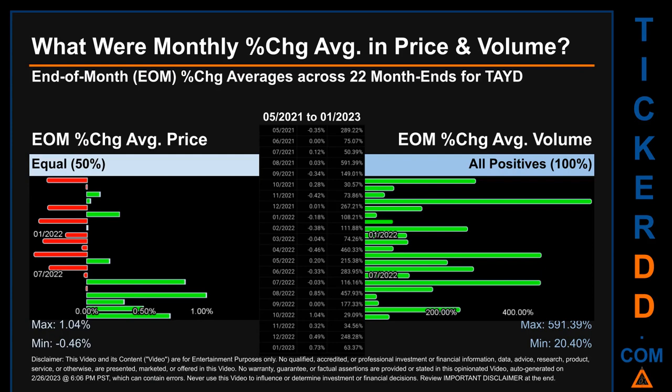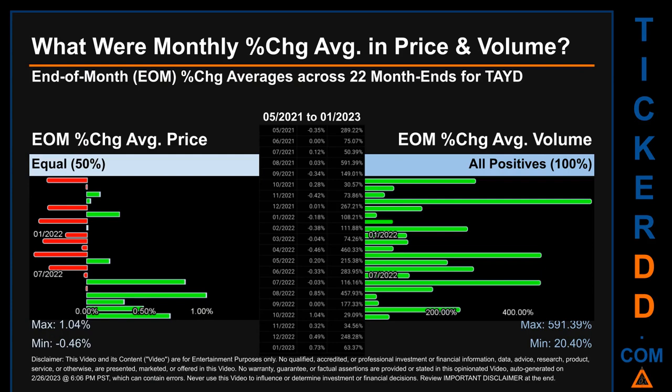What were end-of-month percentage change averages in price and volume for TAYD? The monthly average of percentage change in price and in volume were calculated for each of the 22 month ends. That calculation took daily percentage changes and averaged them for each given month. If a month end came out negative, then it means that the month summarily saw a negative change.